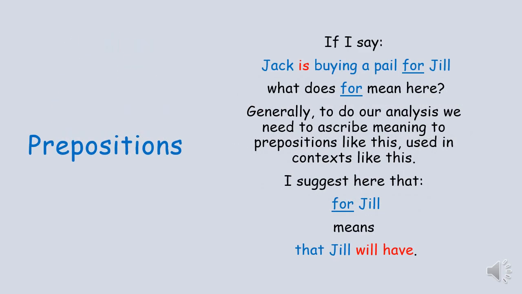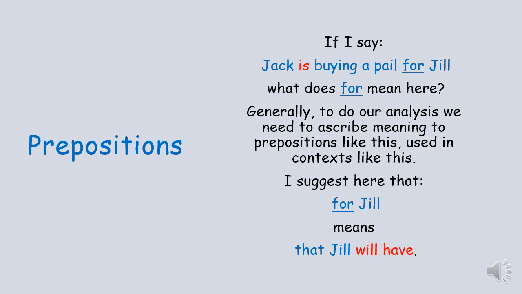Let's now have a look at an example of a preposition. If I say Jack is buying a pail for Jill, you might ask the question, what does for mean here exactly? To do our analysis, we need to ascribe meaning to a preposition used in a context like this and other prepositions of a similar nature.